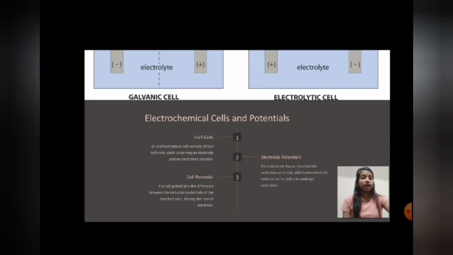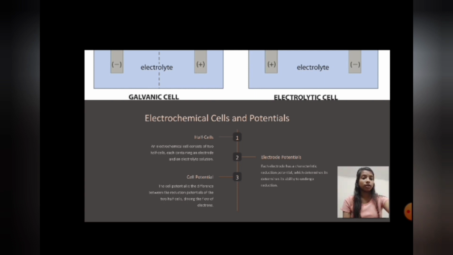Electrochemical cells and potentials. Half cells. An electrochemical cell consists of two half cells, each containing an electrode and an electrolyte solution. Electrode potentials.